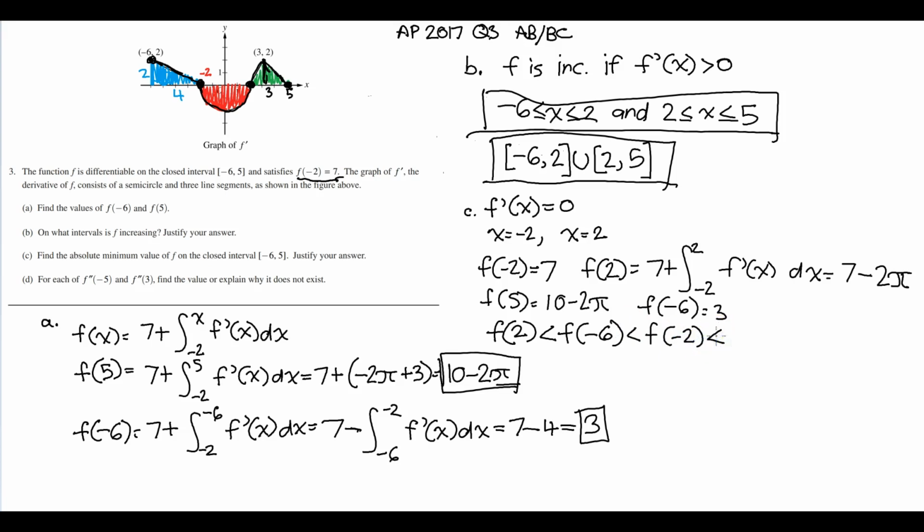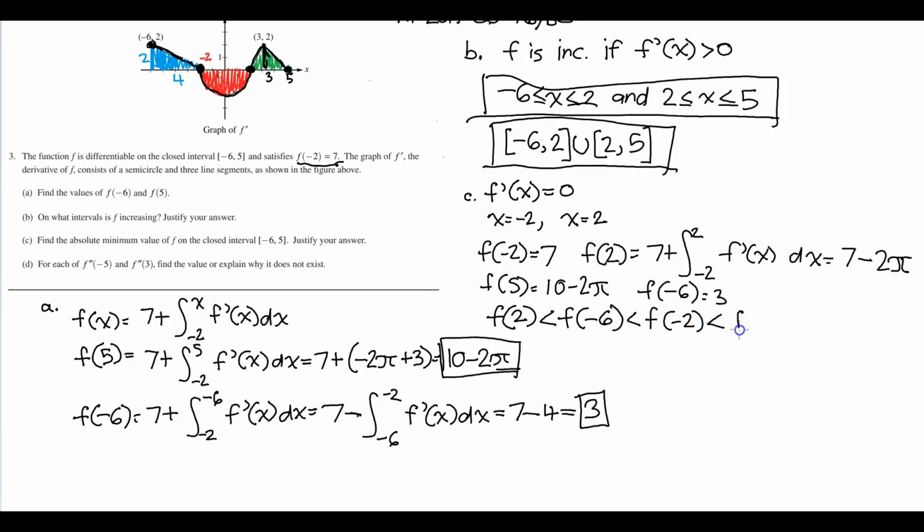And finally, you have f of 5. So our absolute minimum will be at x equals 2, which will be 7 minus 2 pi. It's the smallest value of f on our interval.